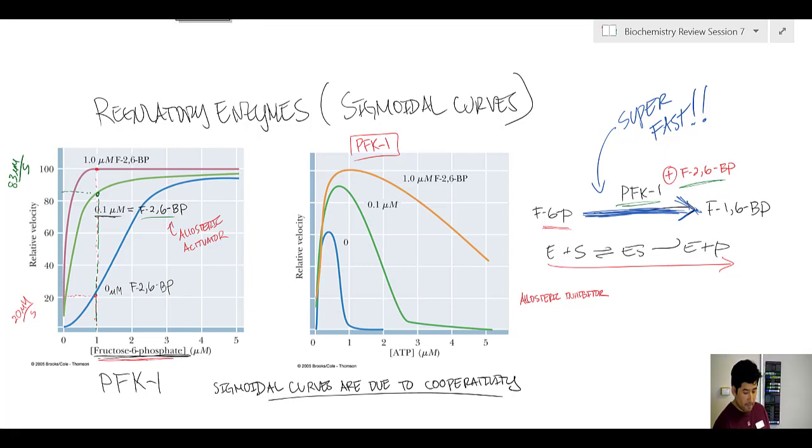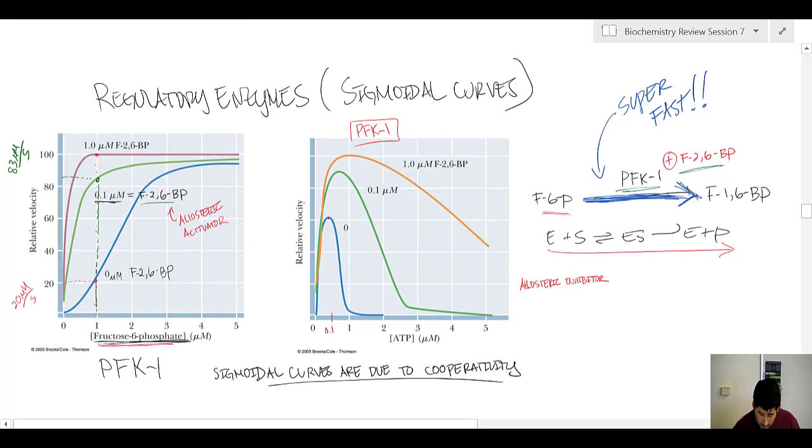Phosphofructokinase. So PFK1 is phosphofructokinase. And look at the velocity of this enzyme whenever you have 0.1 micromolar of ATP, or 0.5. So the relative velocity, we can say it's about 60 micromolar per second.